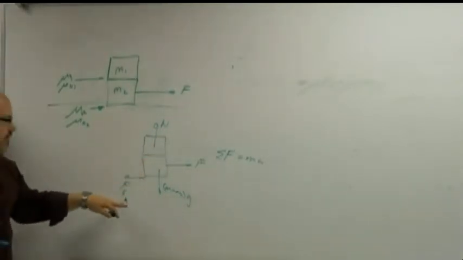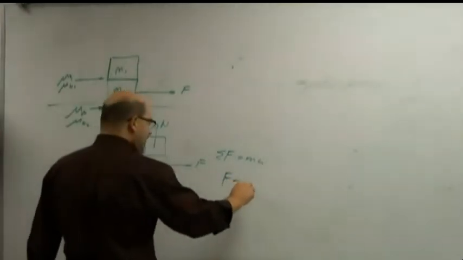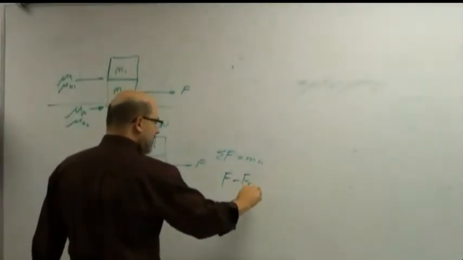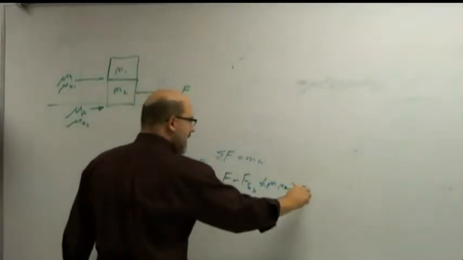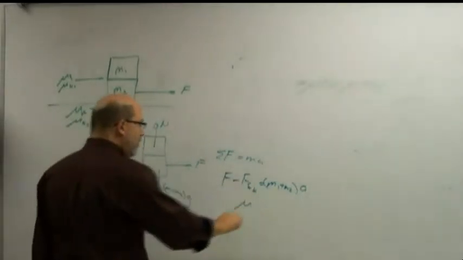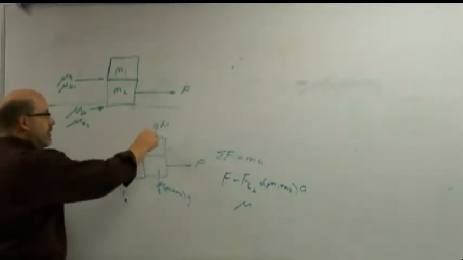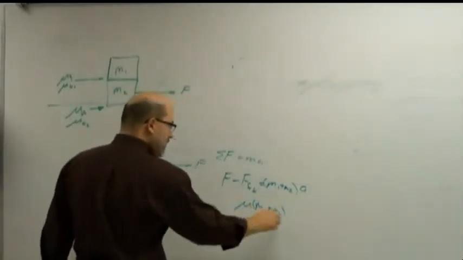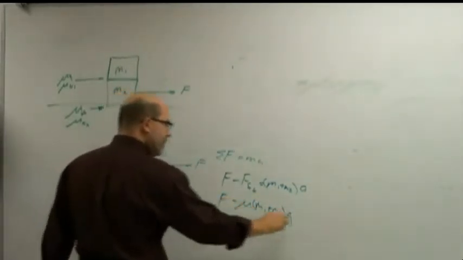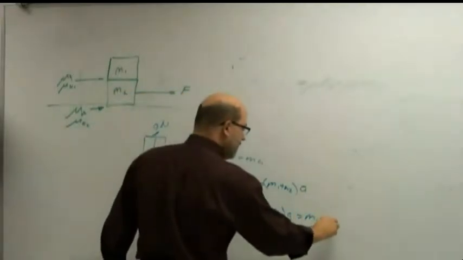You can attach the two together and figure out the acceleration, because you have F to the right minus the kinetic friction force equals (M1 plus M2) A. Piece of cake, right? And you could put in for kinetic friction mu times the normal force, and we know our normal force is (M1 plus M2) G. Nice. No slippage. Piece of cake.